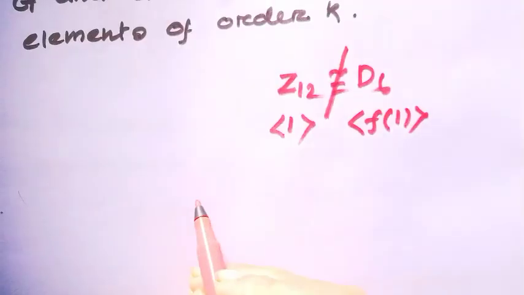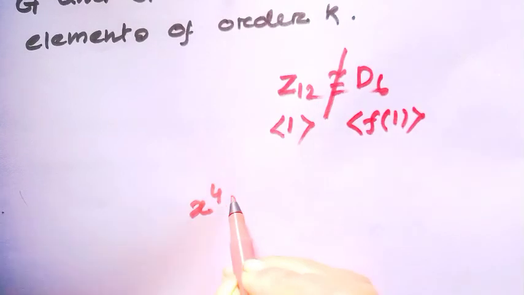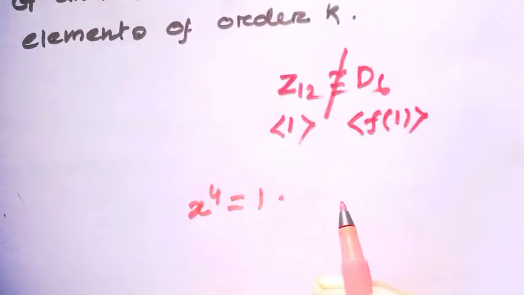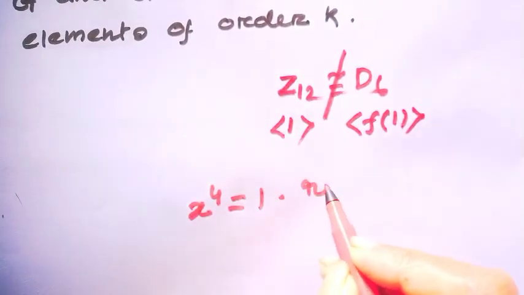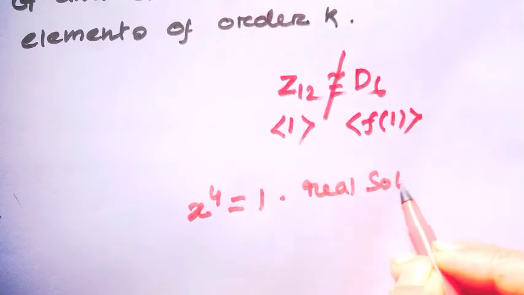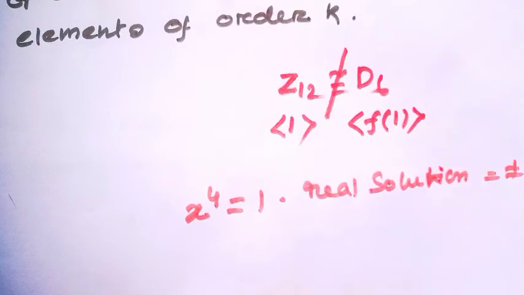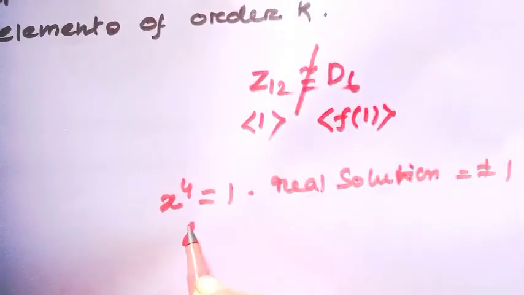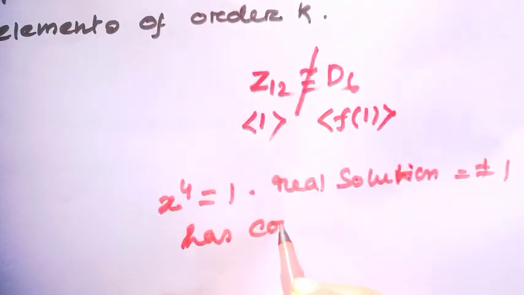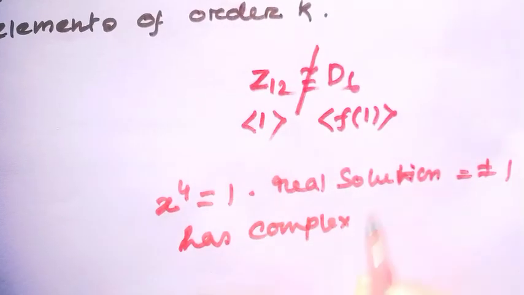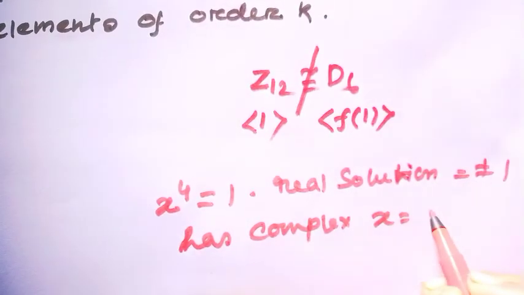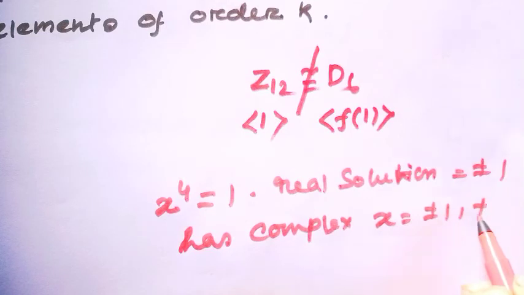Now notice the equation x to the power 4 equals 1, which has real solutions x equal to plus minus 1 and has complex solutions x equal to plus minus 1 and plus minus i.